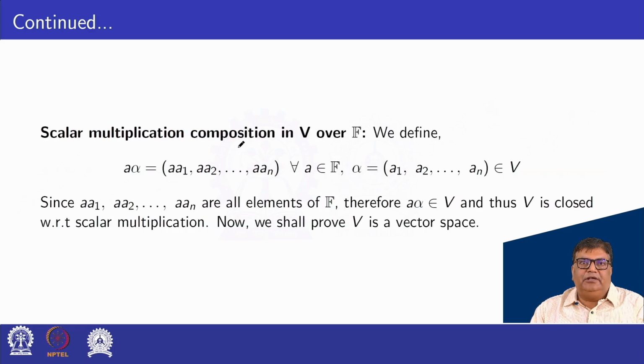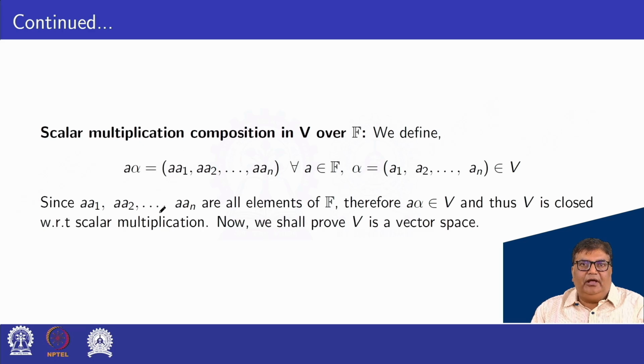Scalar multiplication composition in V over F. We define a·alpha, where a belongs to field F and alpha is the vector n-tuple (a1, a2, and so on an). Then a·alpha is defined as (a·a1, a·a2, and so on a·an).